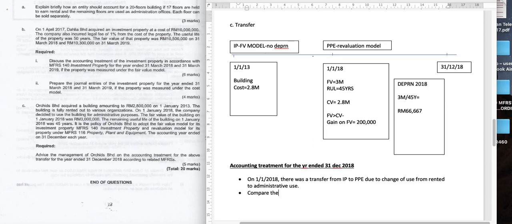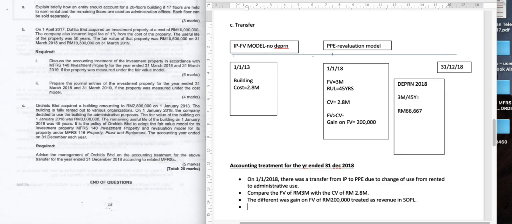What you do on this date, compare the fair value of RM 3 million with the carrying value of RM 2.8 million. The difference was gain on fair value of RM 200,000 treated as revenue in SOPL.